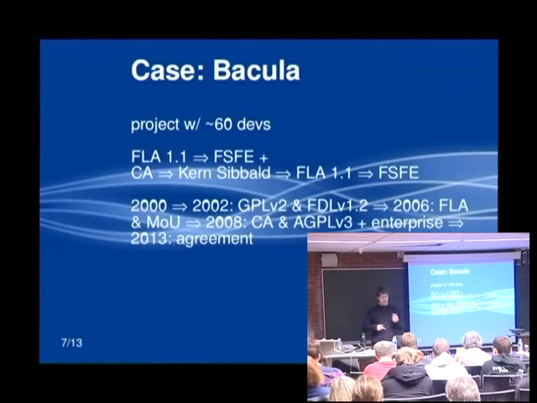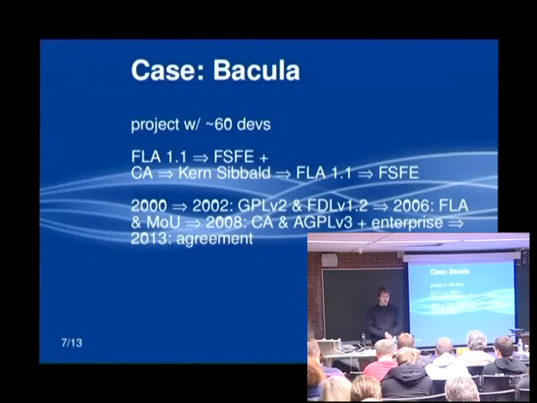In terms of legal stuff, it means that we suddenly had one group of developers who assigned their copyright to FSFE, and another group of developers who assigned their copyright to Kern Sibbald, and an overlap of the two, which obviously caused massive chaos.